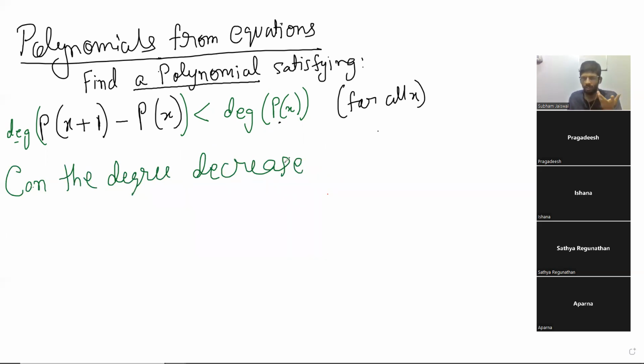These are not just theory after theory; it's the questions that we are solving along the way and covering the field. But we will also maybe solve one Olympiad question, like we are doing in the number theory class. We also started to solve questions. But can the degree decrease by more than 1?